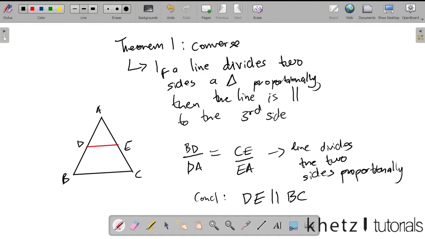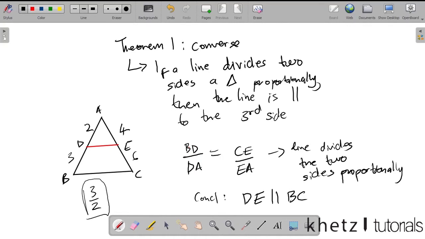So basically, you're going to be given the values. Let's say this is 2, this is 3, this is 4, and this is 6. So BD divided by DA would be 3 over 2, which is 1.5. But we're not interested in the actual value, just the ratio or the proportion.